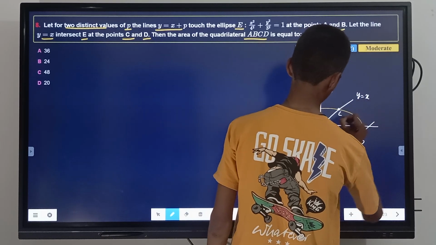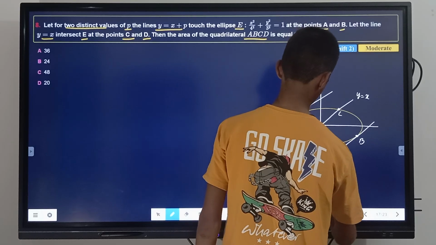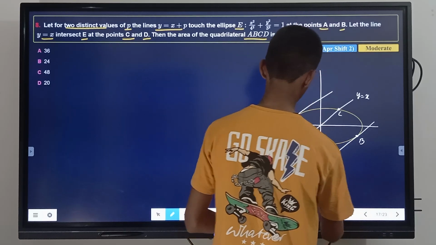This is C and this is D. So here is our quadrilateral.